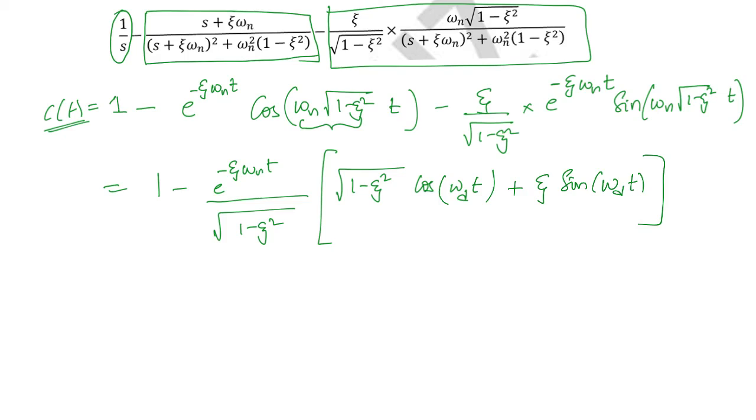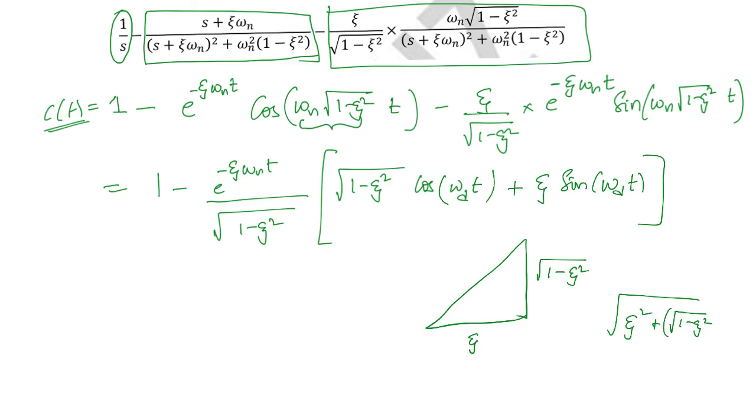Now if you take a right angle triangle, and the length of the base is zeta, and the length of the height is root over 1 minus zeta square, then what will be the length of the hypotenuse? It will be root over (zeta square plus root 1 minus zeta square, whole square), so this will be equal to 1. So the hypotenuse is 1.